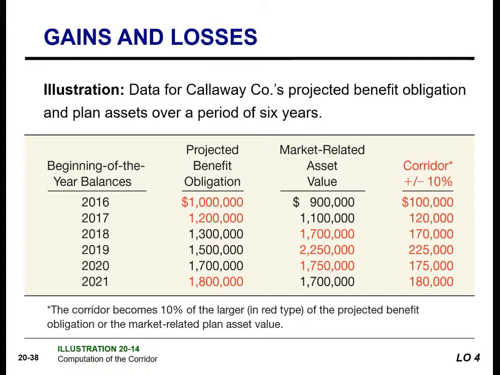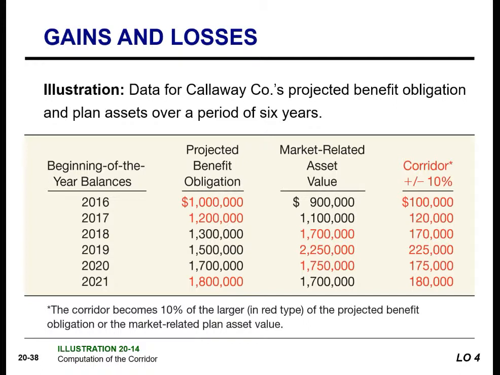In 2017, there was $1.2 million in projected benefit obligation and $1.1 million in market-related asset values. Because the projected benefit obligation is the larger of the two, we take 10% of that, and the corridor is $120,000.